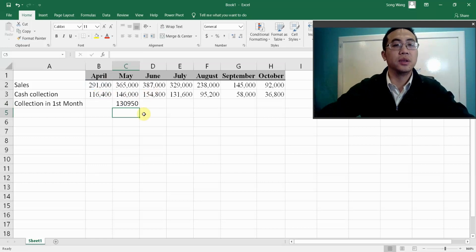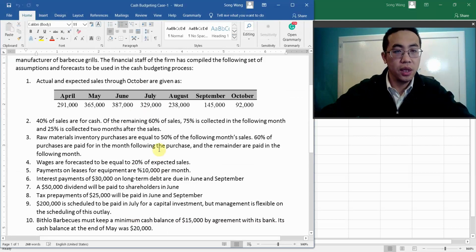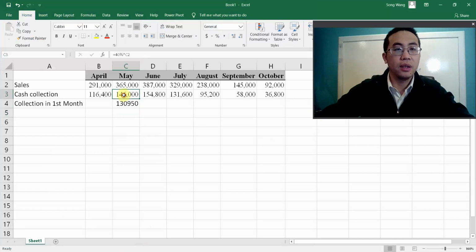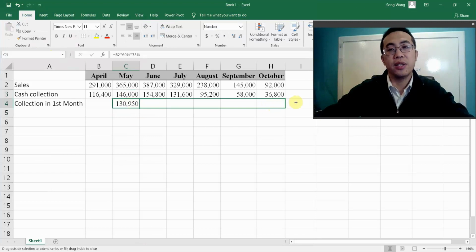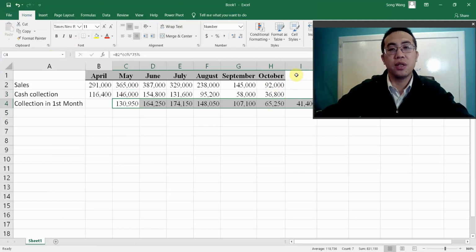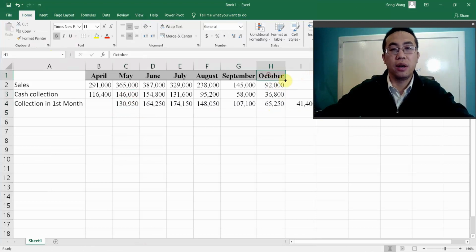See, of the 60% of the sales, 75% will be collected in the month following. Then I will use the format painter and drag it all the way. I can basically extend it to November because a part of October sales will be collected in November.